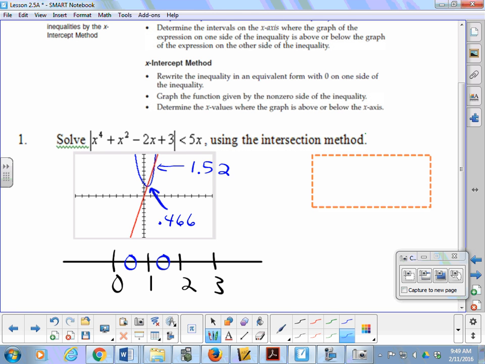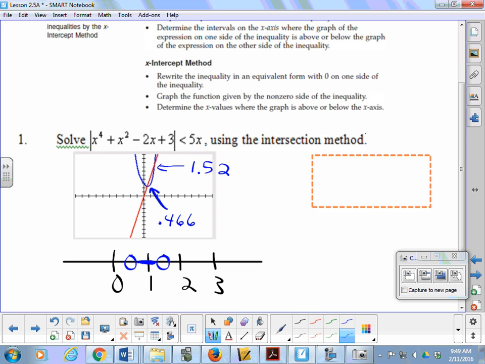If it's bigger, that means it's higher on the graph, right? When is the straight line higher on the graph than the curved line? Between them, right? Because between them, the straight line is above. So red is above blue on here, so then I'm going to fill in between those two.